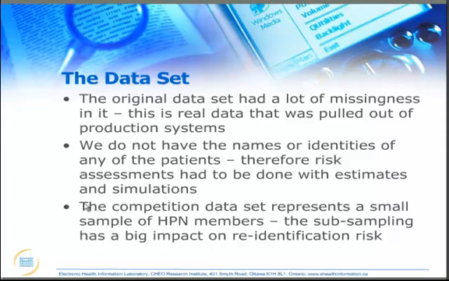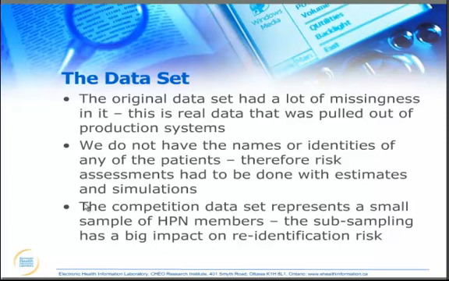Anyway, the data came from real production systems, and there was missingness in the original data. It was not all induced during the de-identification process. The other thing to note is we do not have names for any of the patients. So from the perspective of launching re-identification attacks, and evaluating how easy it is to identify patients, we could not do this because we did not know who these patients were.